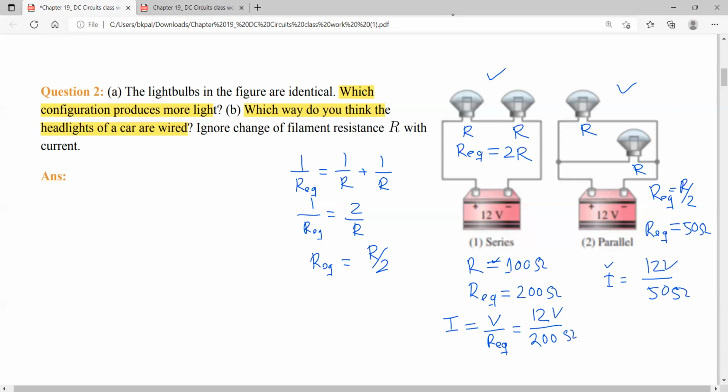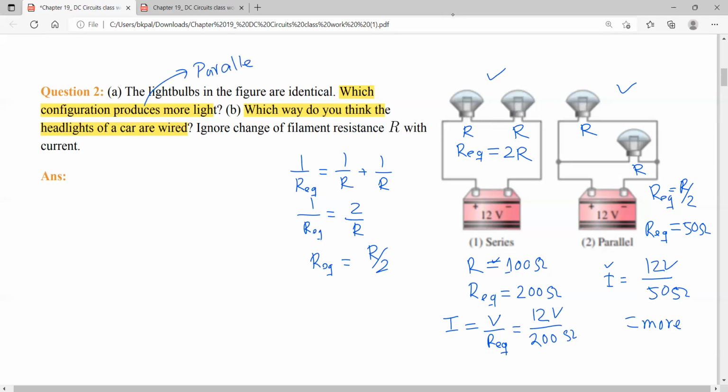So you see that this is more. The denominator being small means I is more. I is more means more light. So the parallel connection produces more light. So the answer for the first one is parallel connection.